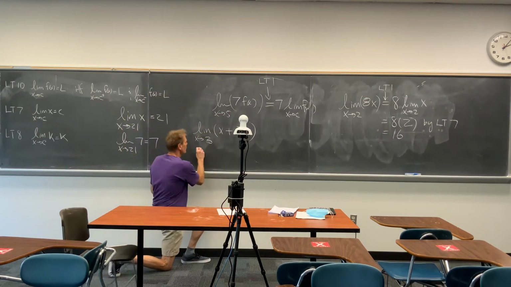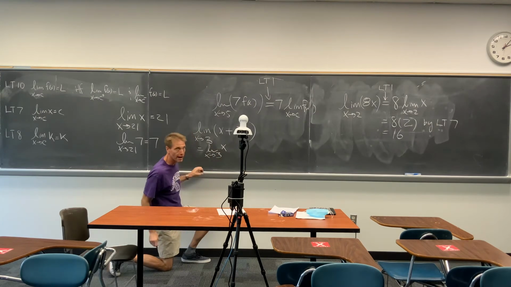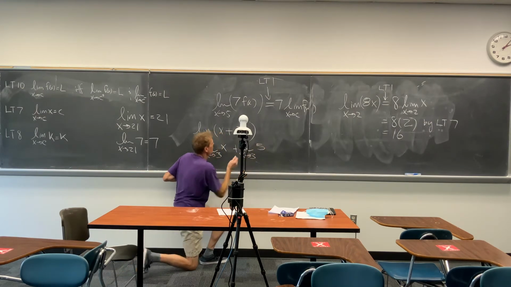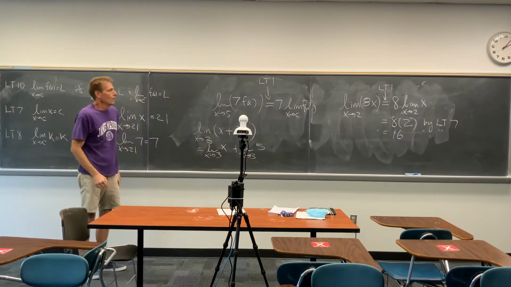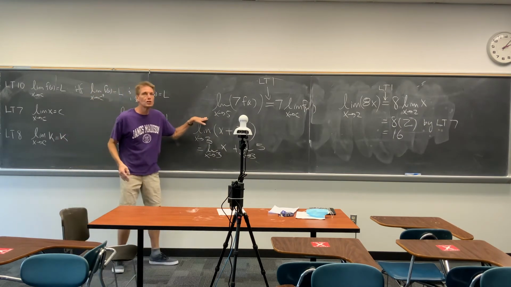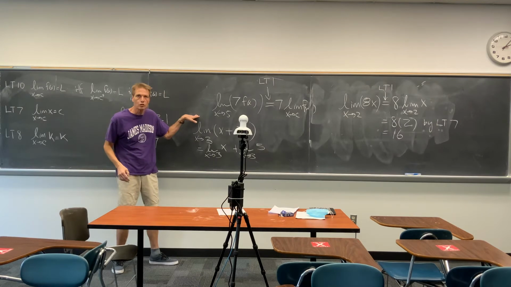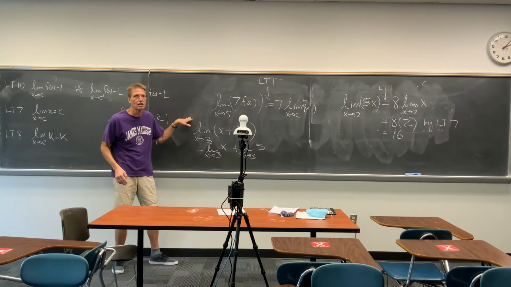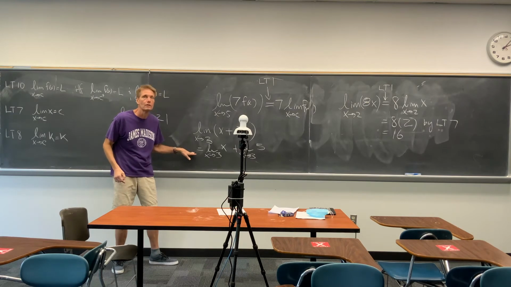By limit tool number 2, this is the same thing as the limit as x approaches 3 of x plus the limit as x approaches 3 of 5. What limit tool have I used to go from here to here? If you were giving a justification, what limit tool have you used?